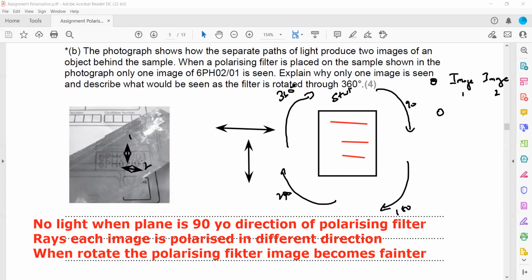So when we see this light through a polarizing filter, which image will we be able to see? For example, originally it is horizontal, so image 2 will be seen, but image 1 won't be because its plane is in a different manner. Then when we rotate 90, what will happen?